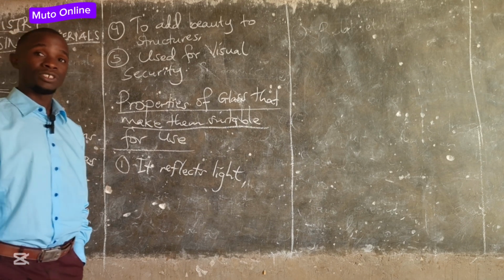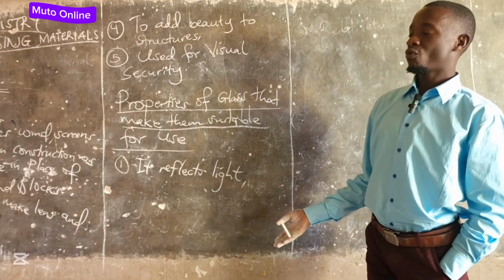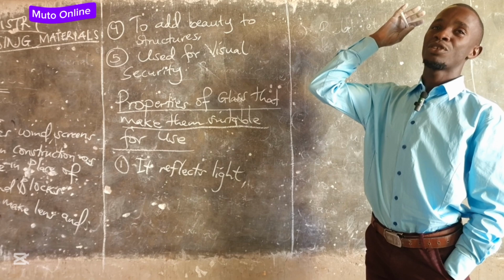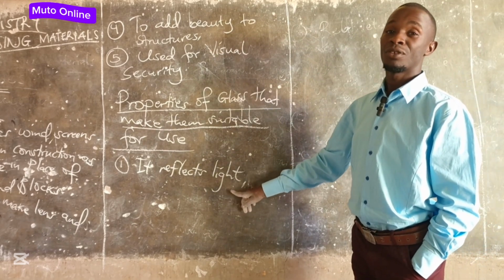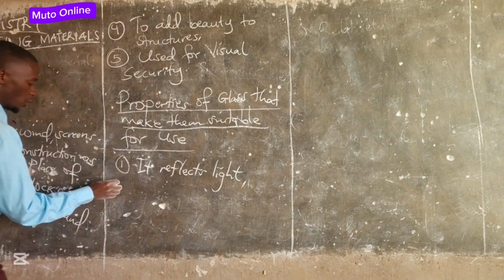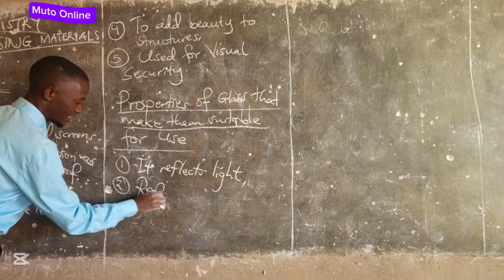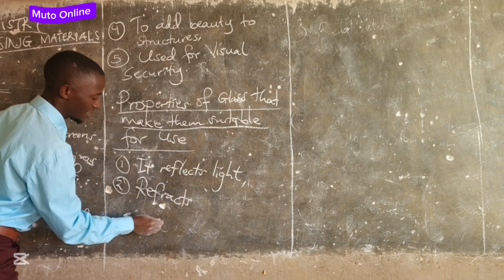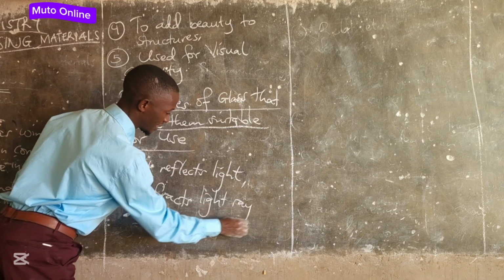For example, in salons, you are able to see yourself whether the haircut they have made on your head is good or not, because of the glass being able to reflect light. So, two, the glass refracts light rays.